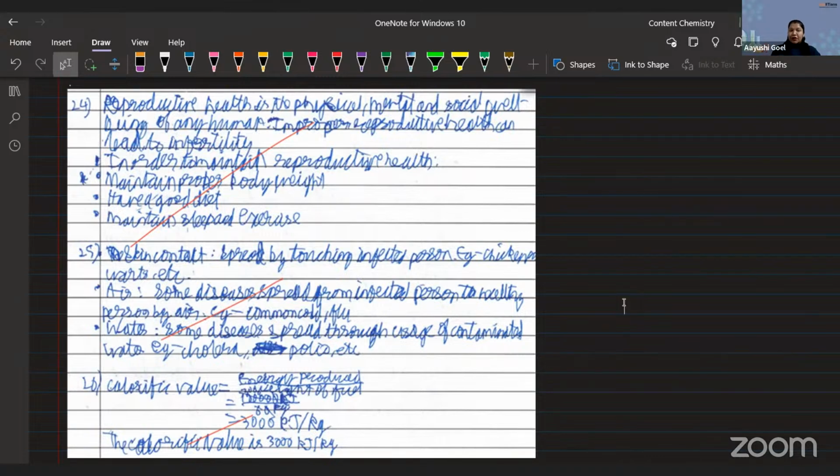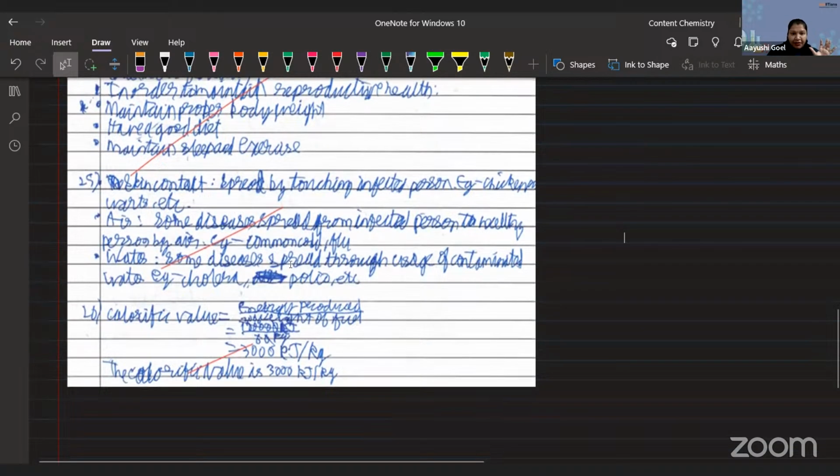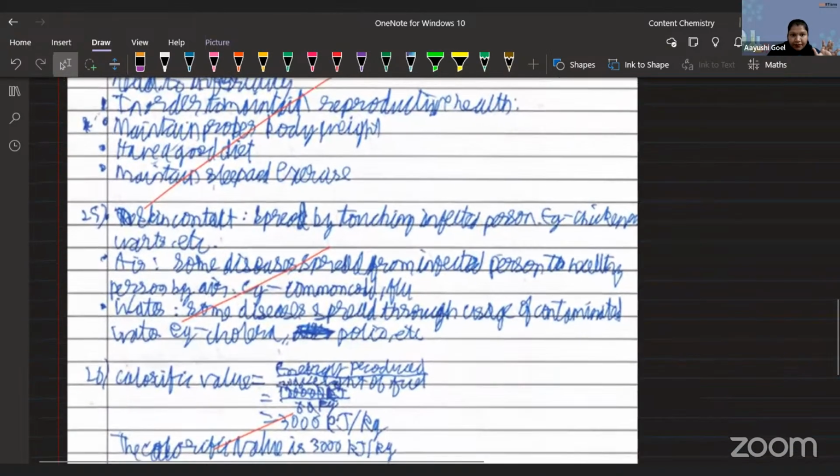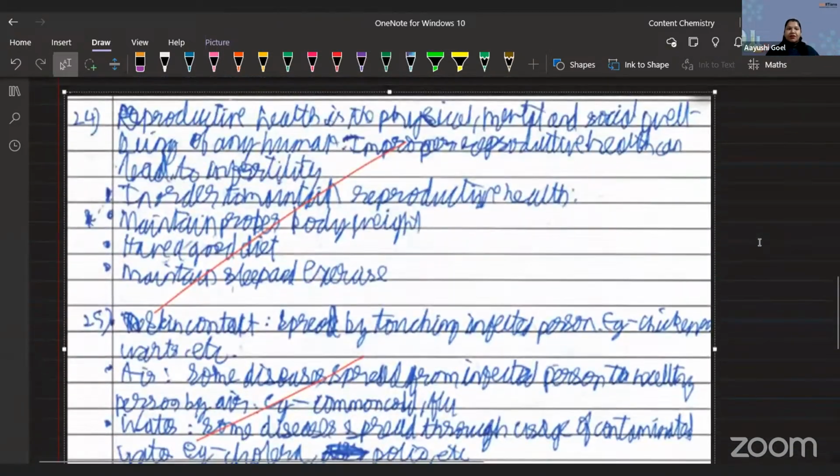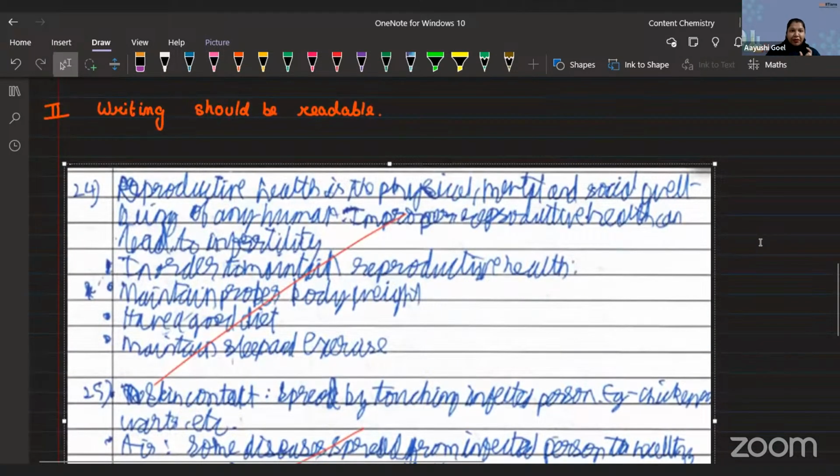So in this process, when your handwriting is like this, write gaps between the words. Like in the first thing, see this. If I increase this portion with the part here, just to see. Now it is becoming a little readable. Reproductive health is the physical, mental, and social. So I can read that word. So what does this represent?